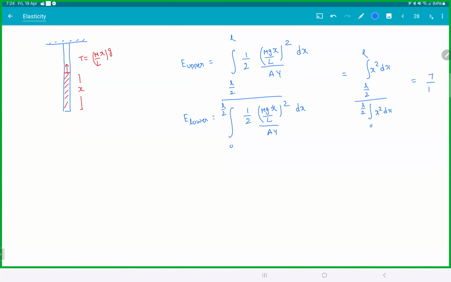Clear? Next one. It's not 3 is to 1, it's 7 is to 1. x cube by 3 gives 1 minus 1 by 8 over 1 by 8.